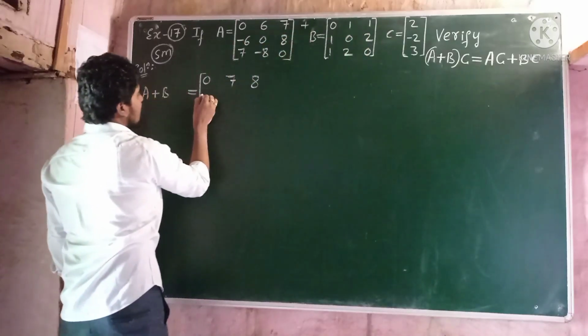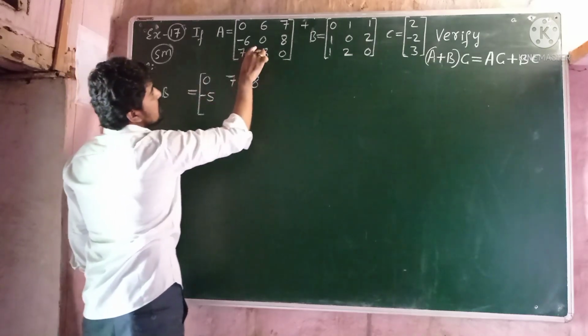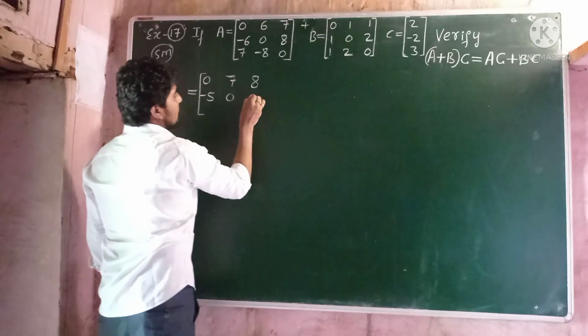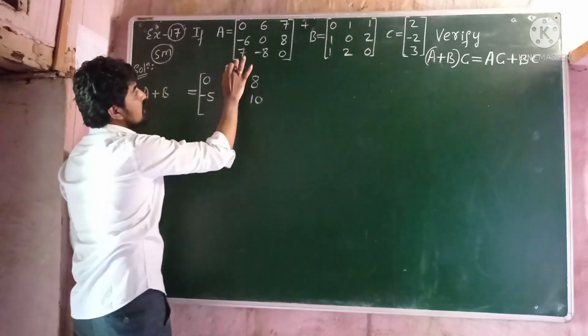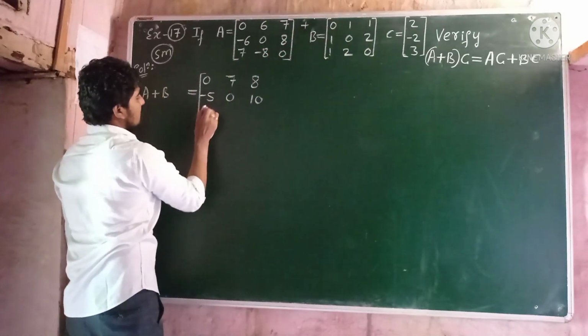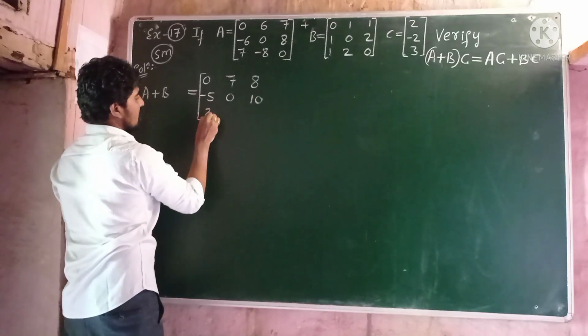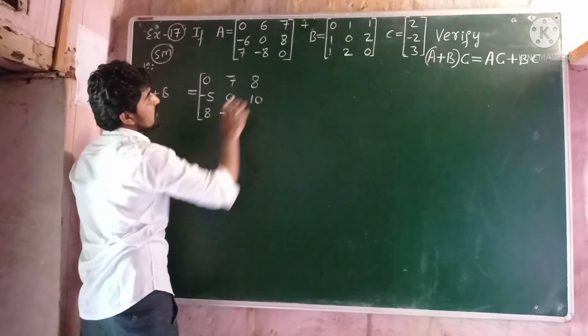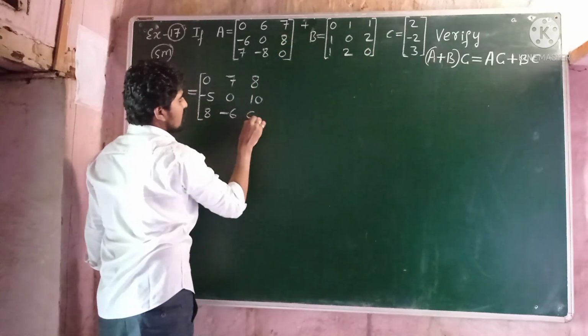Minus 6 plus 1, minus 5. 0 plus 0, 0. 8 plus 2, 10. 7 plus 1, 8. Minus 8 plus 2, minus 6. 0 plus 0, 0.